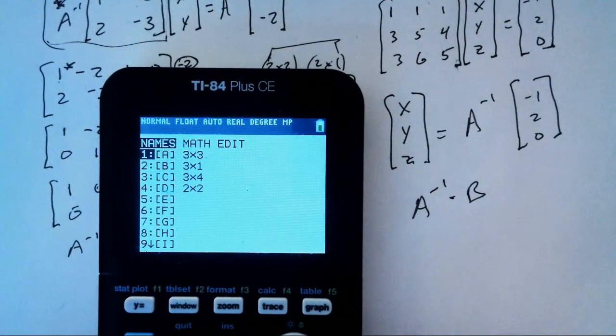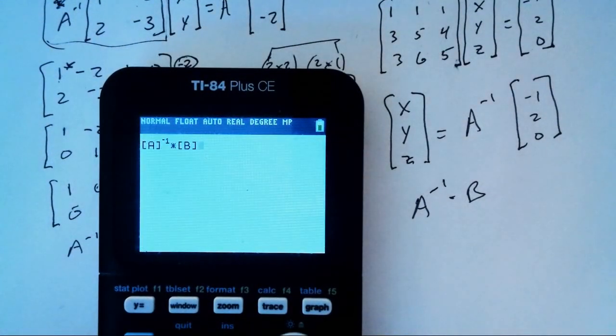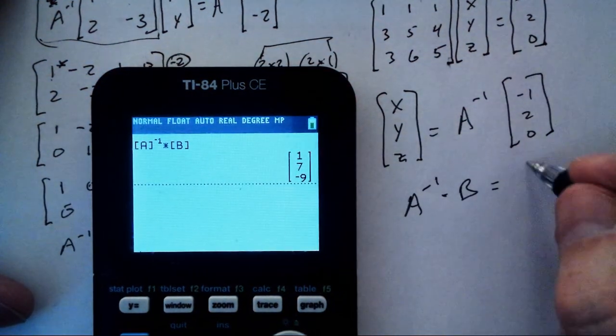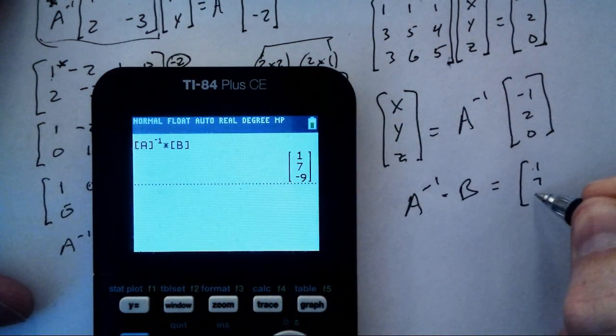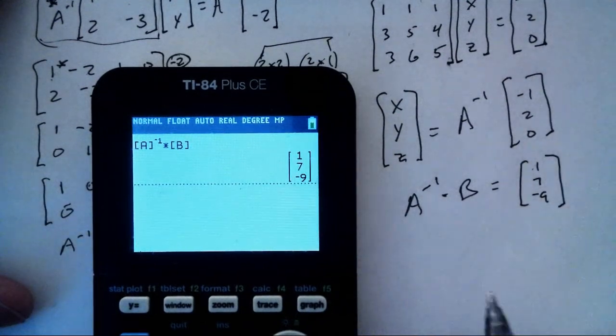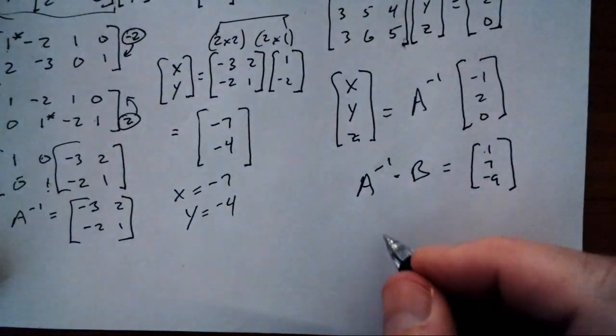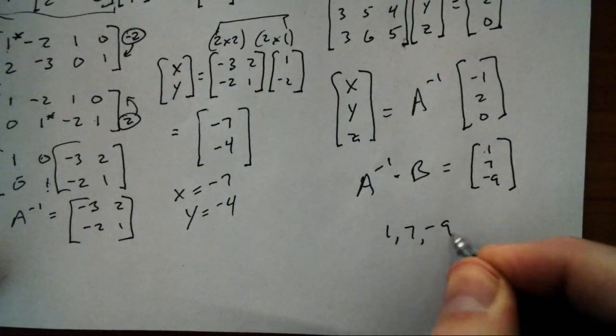Second matrix B, and we get 1, 7, -9. So the intersection of these three planes is 1, 7, -9.